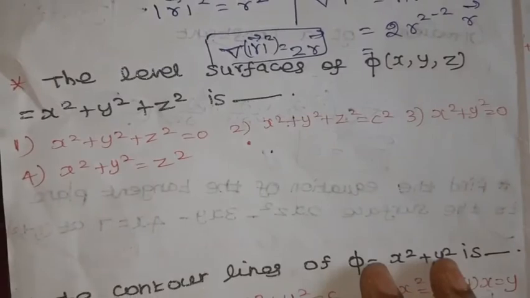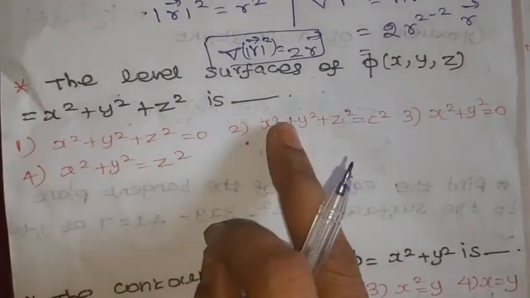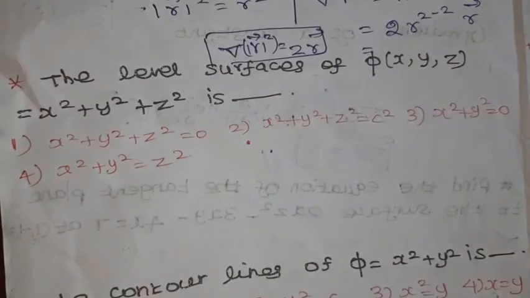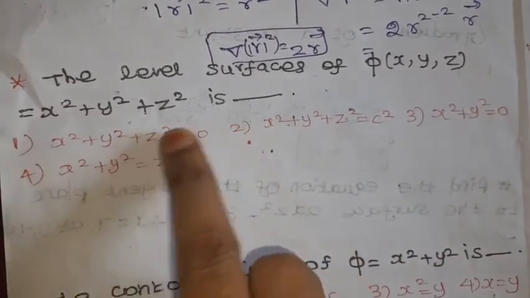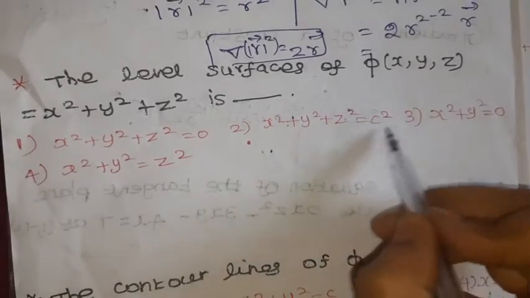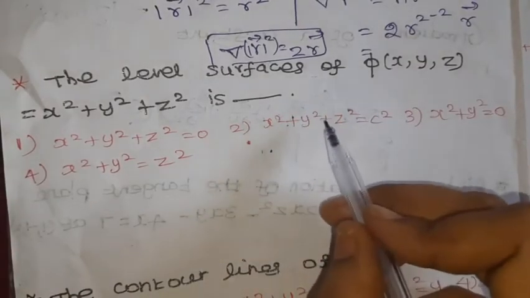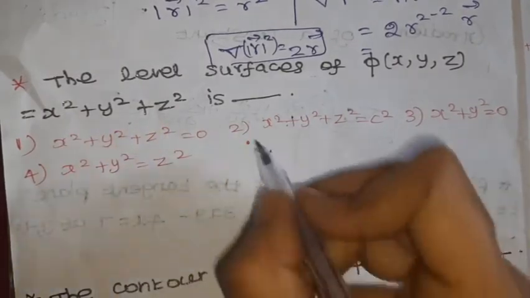Option 3. Then the level surfaces of phi of x, y, z equal to x squared plus y squared plus z squared. What is the level surface? Level surface is used for 3 independent variables x, y and z. Level surfaces will vary according to the constant. For every constant value the surface will be varied. So x squared plus y squared plus z squared equal to c squared.